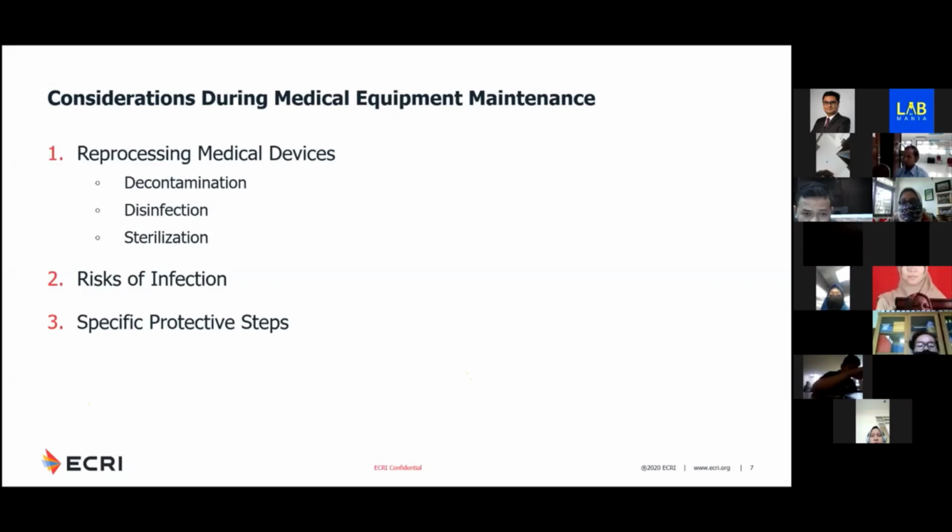And of course, the third step is to perform sterilization. There are a few methods. Normally we all hear about steam sterilization, and steam sterilization uses high heat to sterilize certain medical devices. But some medical devices cannot be sterilized using heat.